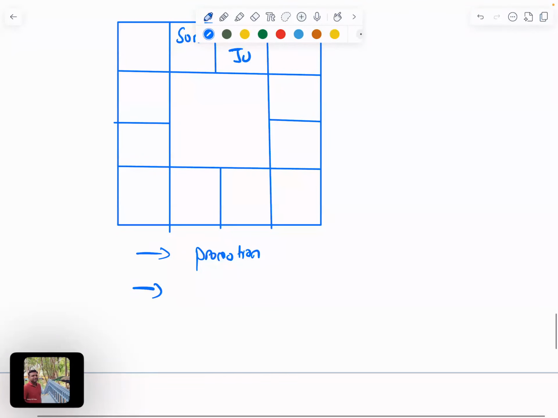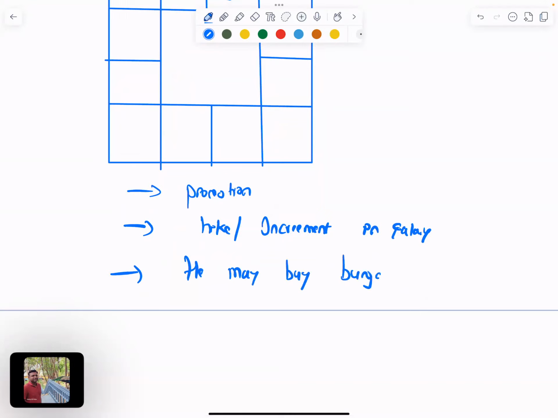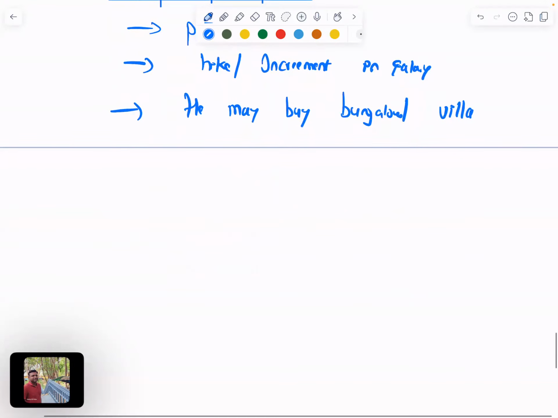It will give him a hike or increment in salary. He may buy a bungalow or villa type house. See how suddenly the results are changing. So these minor things are what make the difference.